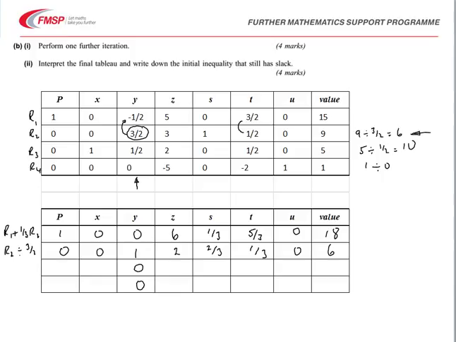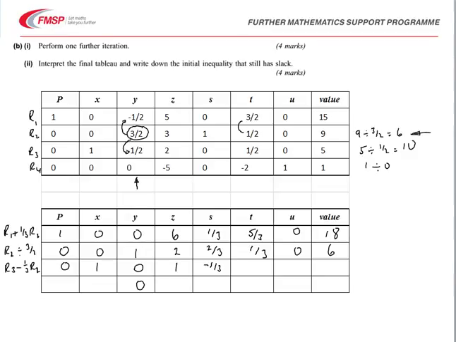If we now look at this one here, we're going to have to this time subtract 1/3. So they've made the arithmetic reasonably okay for us. So this is going to be row 3 minus 1/3 of row 2. And that will give us therefore 0, 1, 0. Subtracting 1 from here gives 1. This will be negative 1/3.